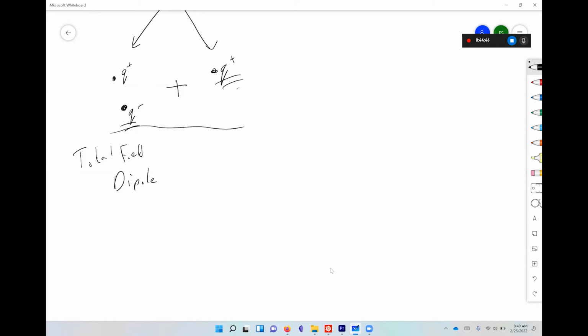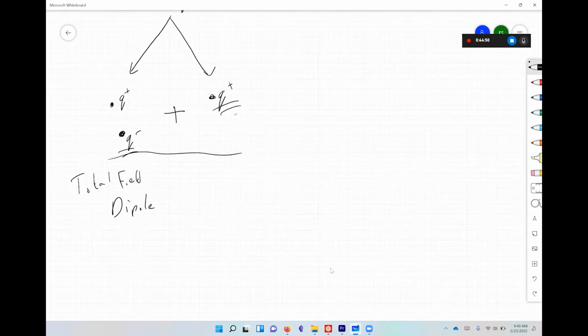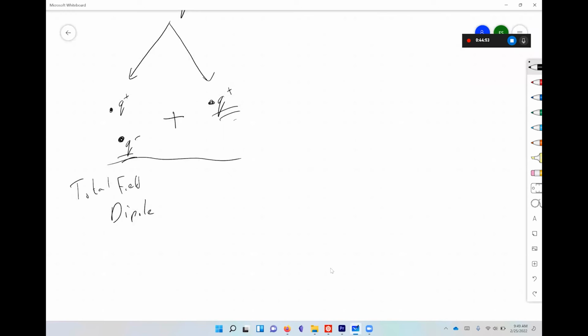So that's what your total field is going to look like if your dipole is unbalanced. It will look like, hey, in this really tiny region of space, there seems to be a dipole, but my field is not exactly a dipole field. There are some extra terms in it, and that extra is the field of a monopole.